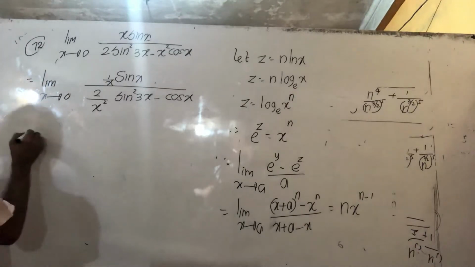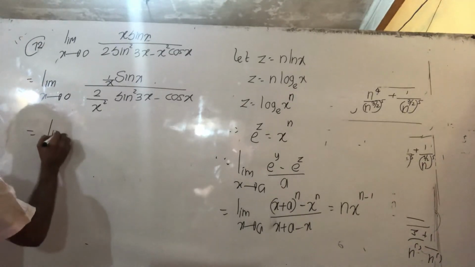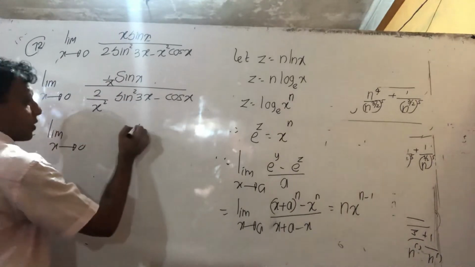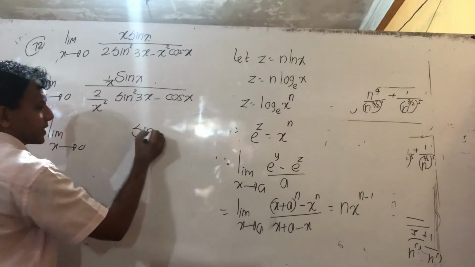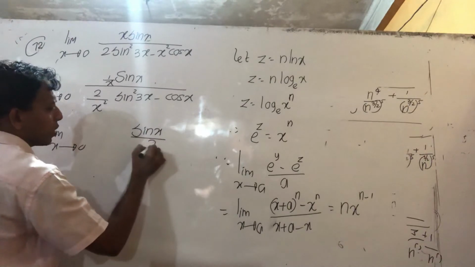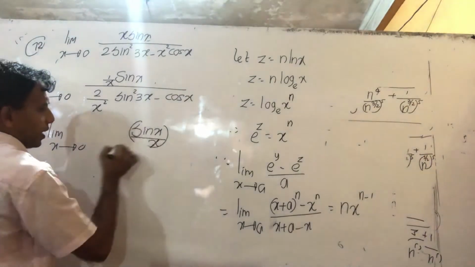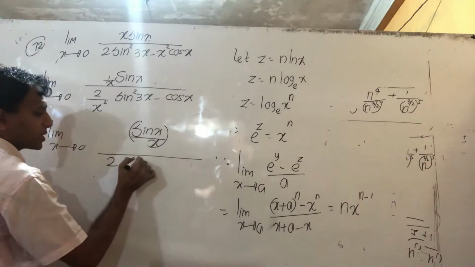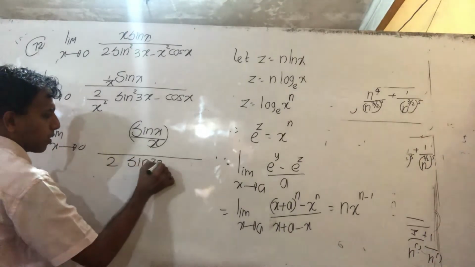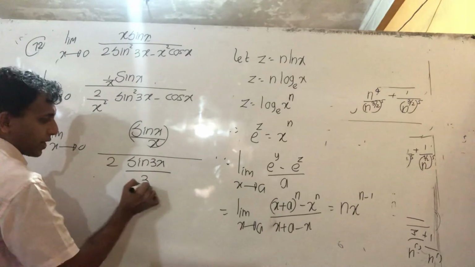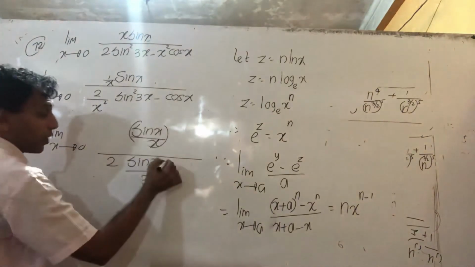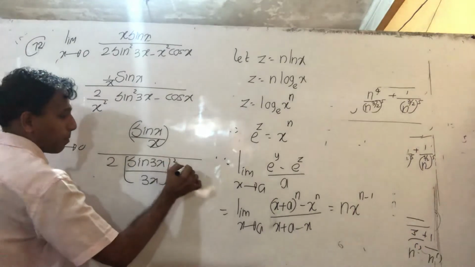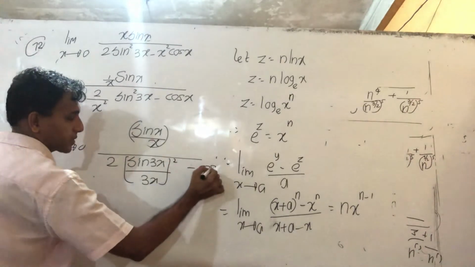Okay, so next, limit x approach to 0. Write the general pattern of trigonometry, sine x over x. That's okay. And here what? There's a 2 sine 3x over 3x, but a square, therefore completely square, minus cos x.